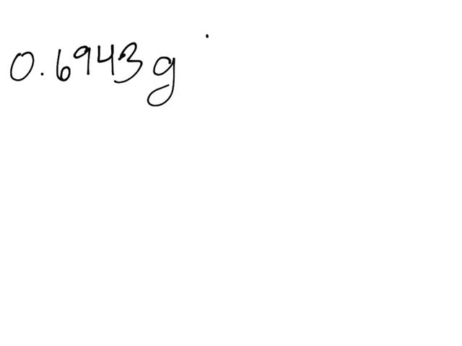So the problem says that you have 0.6943 grams of a compound containing carbon, hydrogen, and oxygen, that being our fuel. So we have a mass of 0.6943 grams of our fuel. So let's call it CXHYOZ. The X, Y, and Z are because we don't know those numbers, so we're just putting variables there.